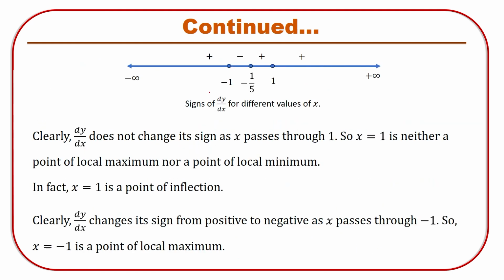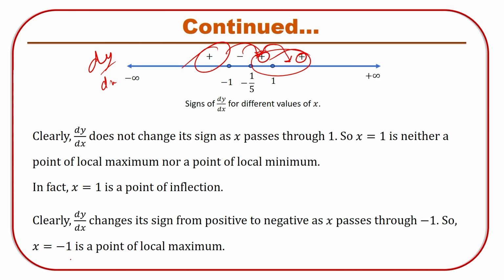Doing the same thing, see here the dy by dx signs. The sign changes plus to minus here, minus to plus here, and then plus to plus here, there is no sign change at x equal to 1. So, x equal to 1 becomes a point of inflection as it does not change the sign.